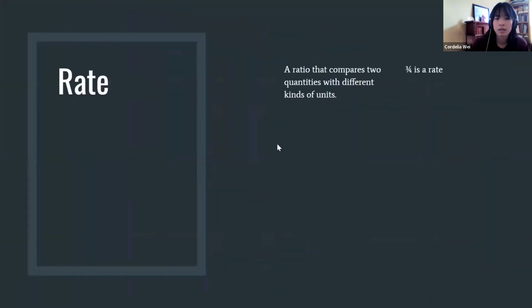Okay, rate. A rate is a ratio that compares 2 quantities with different kinds of units. So for example, 3/4 is a rate, because a rate basically says at what rate a line is going up. For each point that a line intersects, it's 3 up and 4 to the right, since it's all positive.